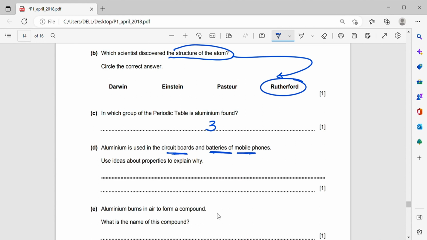So, what properties explain that aluminum is being used in the circuit boards and batteries? It has good electrical conductivity. It is ductile and flexible as well.